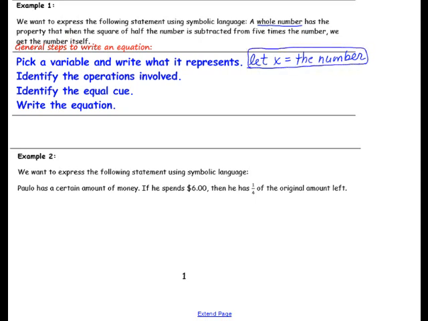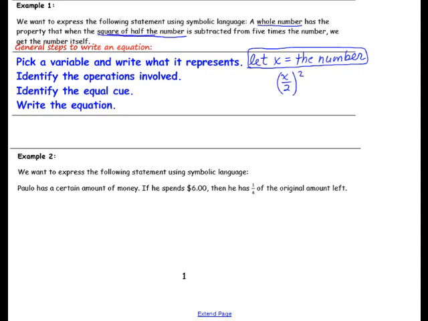It has the property that when the square of half the number, well, how would you write the square of half a number? Well, how do you get half a number? You either multiply it by 1/2 or you divide it by 2. So let's take a look at what that would look like. We could do x divided by 2 and then square it.